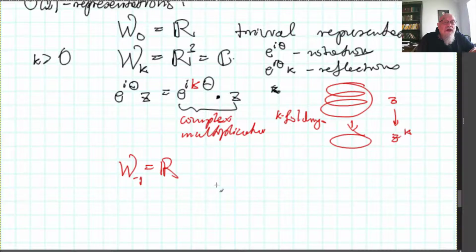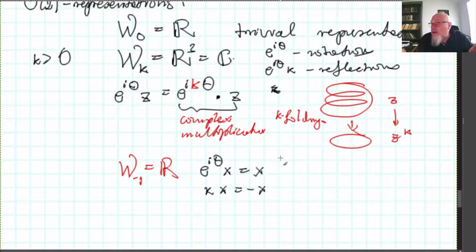It is one-dimensional, the same as in the case of the dihedral group D5. If you have your reflection, e^{iθ} acts on X as just X, and kappa acts on X as minus X. So reflections act like minus identity, and the rotations as identity.